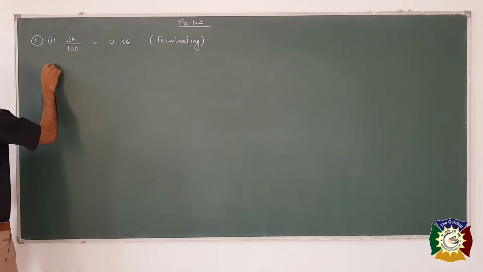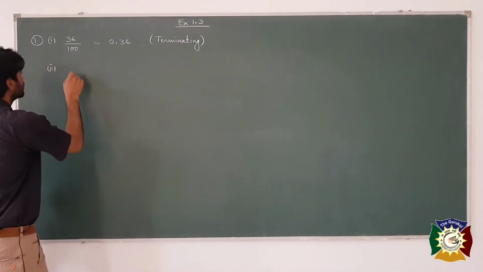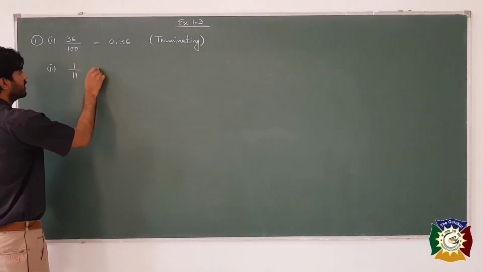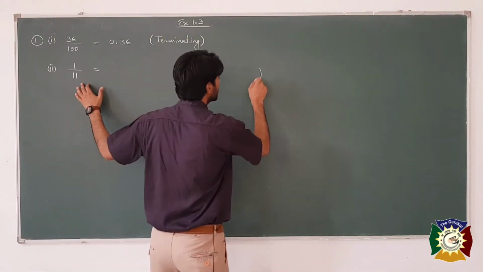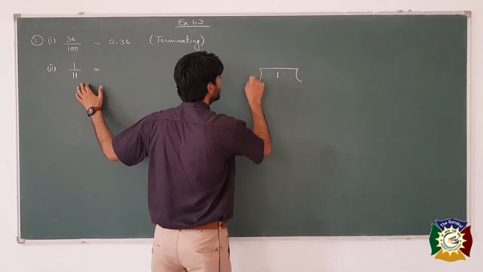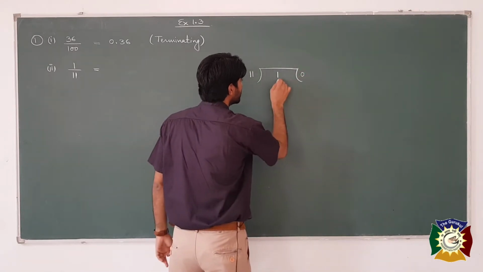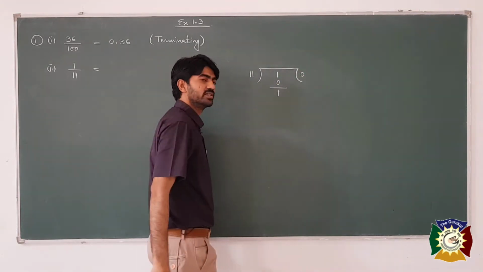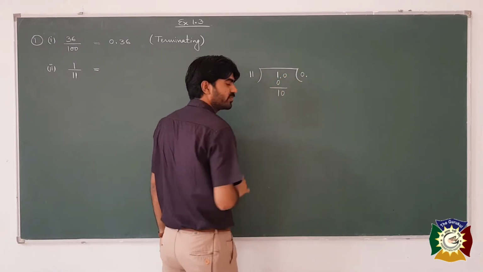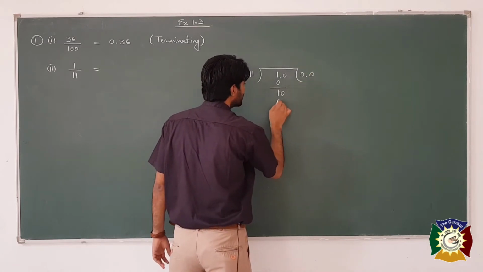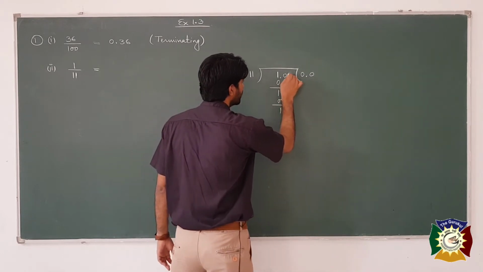Second part, it is 1 by 11, 1 divided by 11. If you are having any problem in converting them in decimals, we can divide 1 by 11. 11 zeros are 0, then we get 1 again, we will put the decimal here, 10. Again 11 zeros are 0, we are left with 10, 1 more 0 we will have.